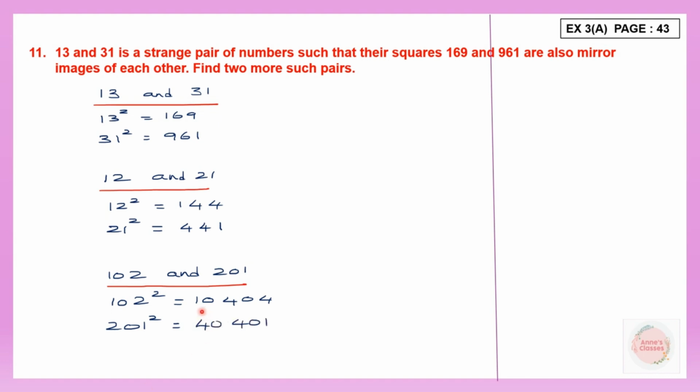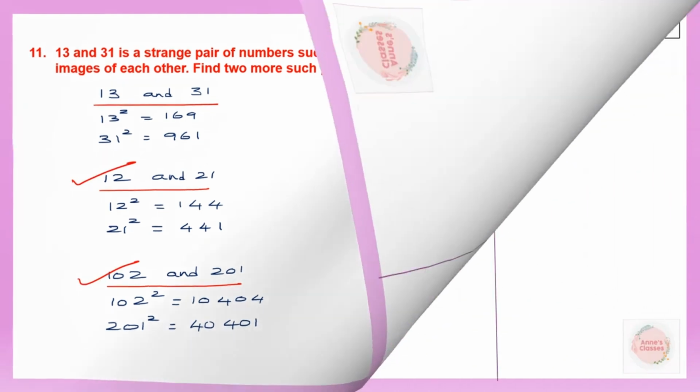So if you can see carefully, 102, 201, these are mirror images, and these are also mirror images, 1 and 1 here on the other side, 0 and 0, 4 and 4, 0 and 0, 4 and 4. So we have found two pairs. This is one pair, 12 and 21. This is the second pair, 102 and 201.